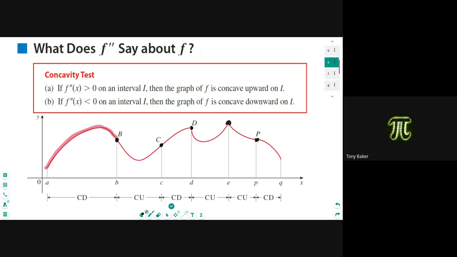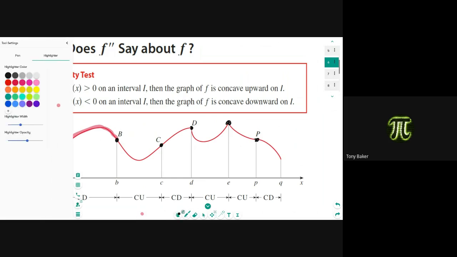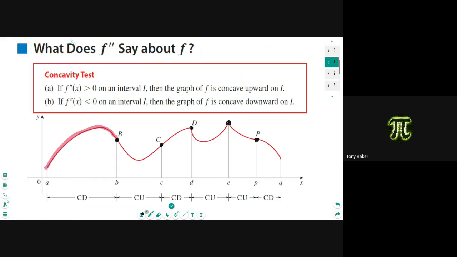You're smiling, you're positive. Concave down is a frown. Concave up is a smile. Easiest way to remember it. That's where the critical points are. It's never going to actually equal zero. That's the break point between them.